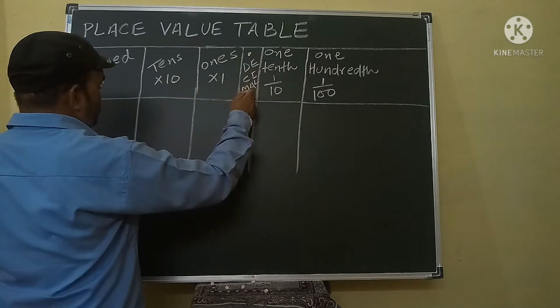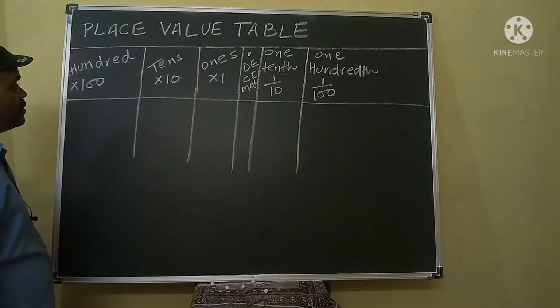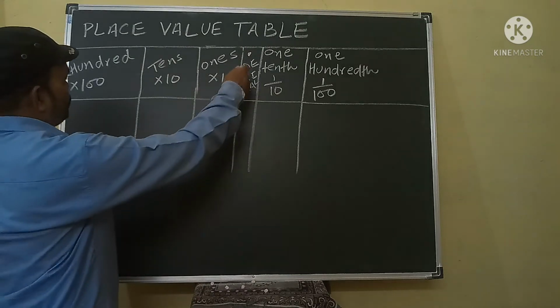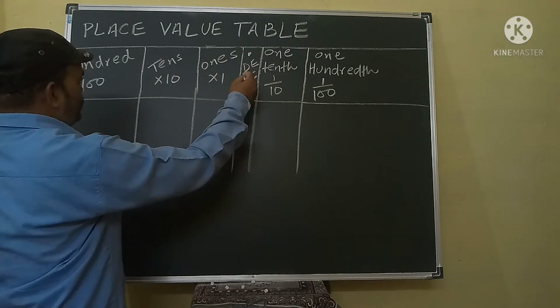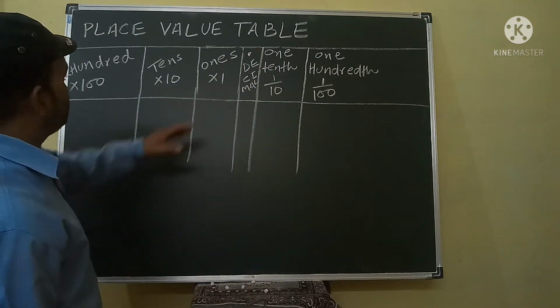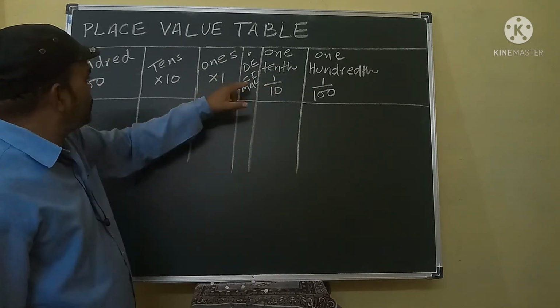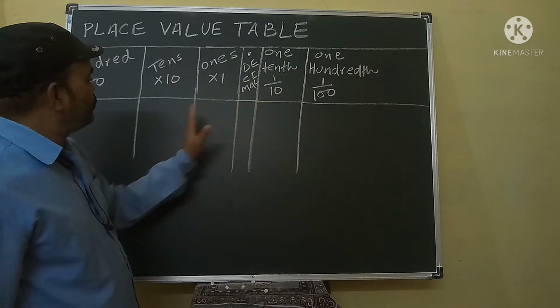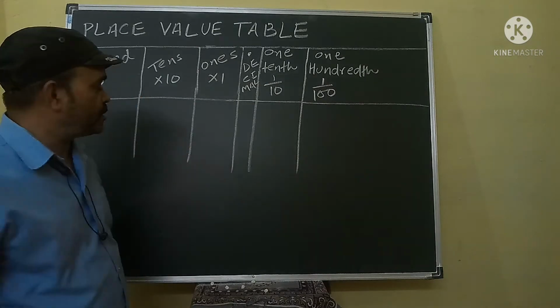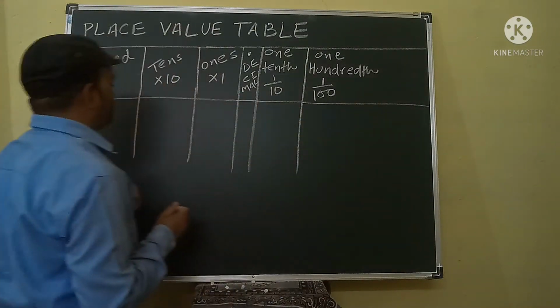As you are looking at this screen, this is the decimal point. Okay, and this decimal point divides this blackboard into two parts. This is the left part and this is the right part.